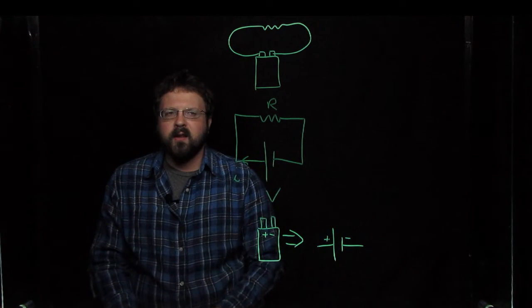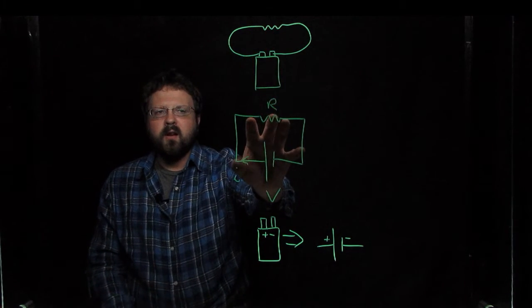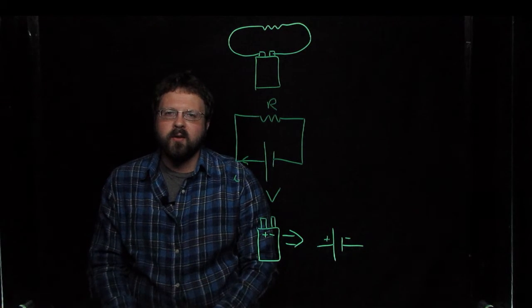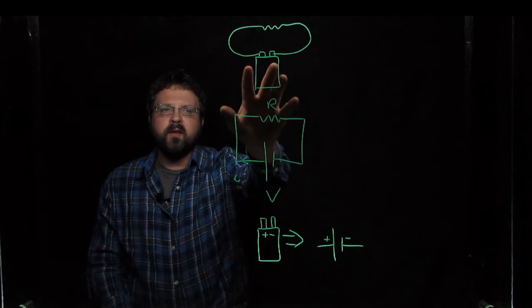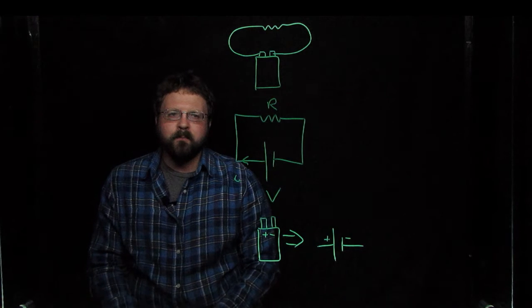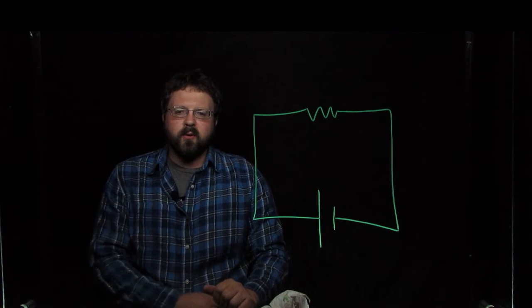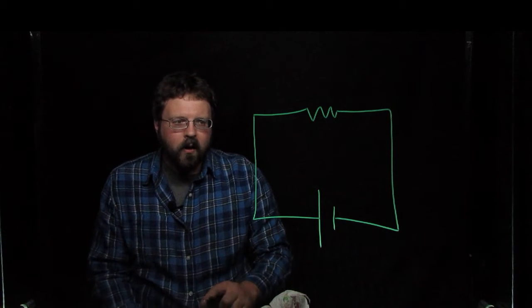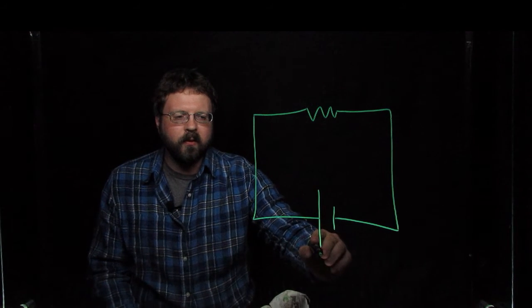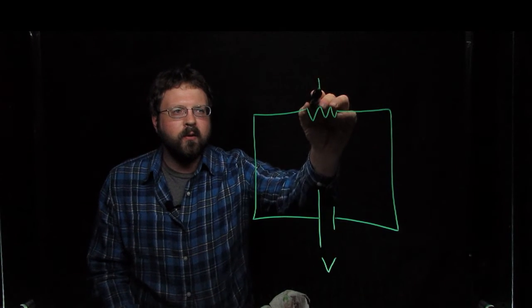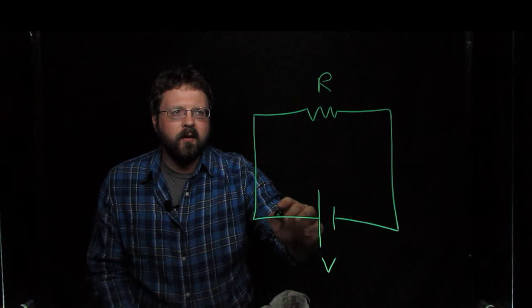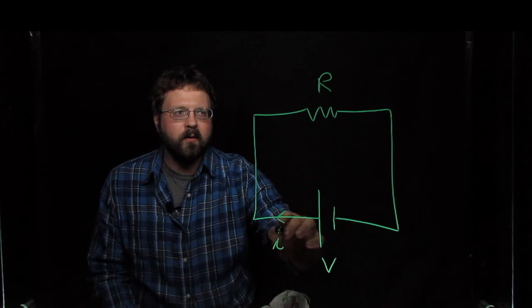So this picture and this picture are equivalent to each other, where we've replaced this battery with the battery symbol. So I've redrawn our simple circuit using our circuit symbols. So we've got the battery voltage, the resistor, and the current.